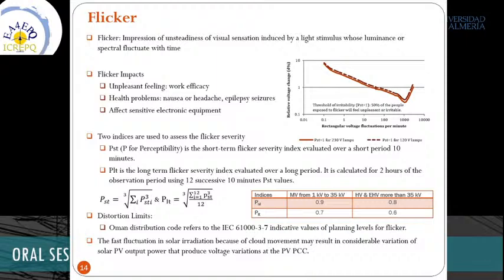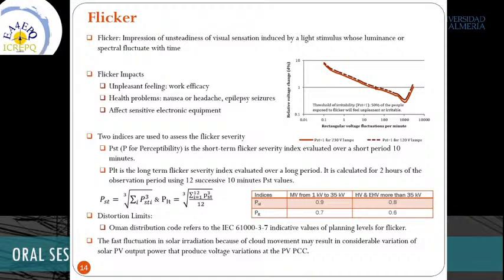Two indices are used to assess the flicker severity. PST is the short-term flicker severity index evaluated over a short period of 10 minutes, and PLT is the long-term flicker severity index evaluated over a long period. It's calculated for 2 hours of the observation period using 12 successive 10-minute PST values.